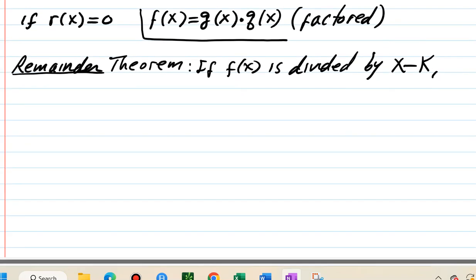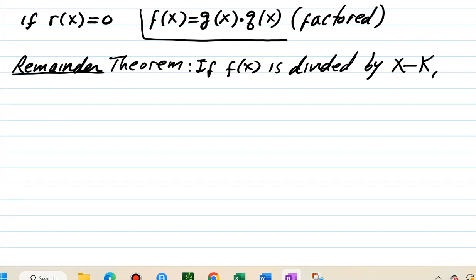If a function f of x is a polynomial, by the way. Remember, everything we do in this chapter, in this whole work right now, is polynomials. So if a polynomial is divided by x minus k, and the remainder is f at k.